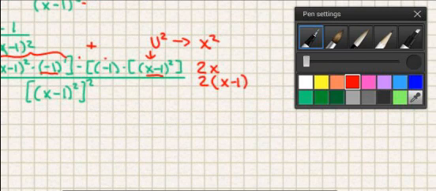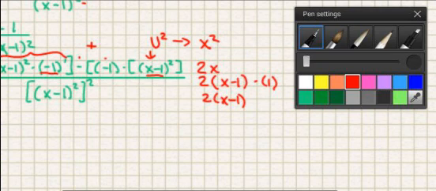minus 1. So we're not done. We have to find the derivative of whatever is in the brackets too. So we're going to multiply that by the derivative of x minus 1. So that's just going to be 1. So then you just get 2x minus 1.